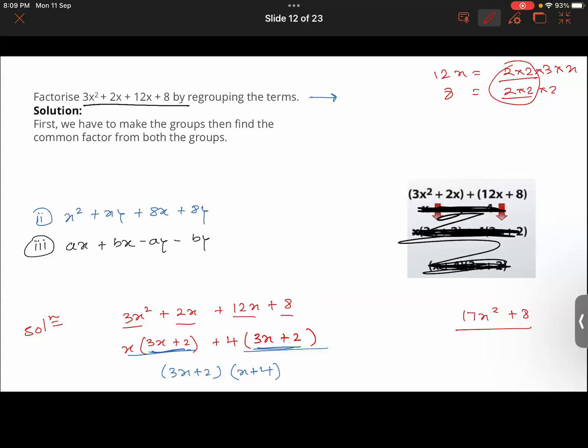So it's x plus y bracket 8 plus x. But in the standard form, always write the variable first: x plus 8. Good. What about the third one? Solve this one also. The first one is correct here. The answer came to be x plus y into x plus 8, right? Yes, sir.